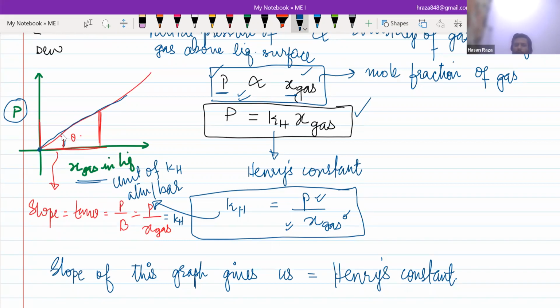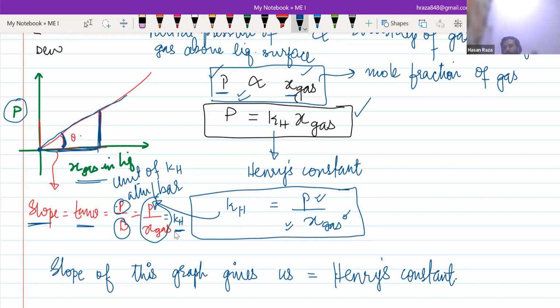If you see the slope, that means tan theta, which you have studied in class 10th trigonometry, tan theta is perpendicular upon base. This is your perpendicular and this will be your base. So perpendicular is the partial pressure P, and this is the mole fraction. This is equal to KH, that means Henry's constant.